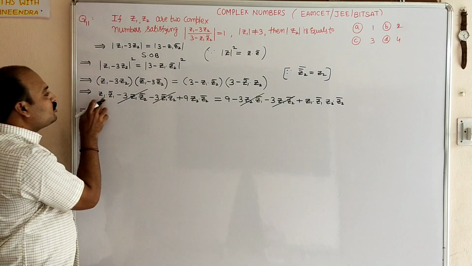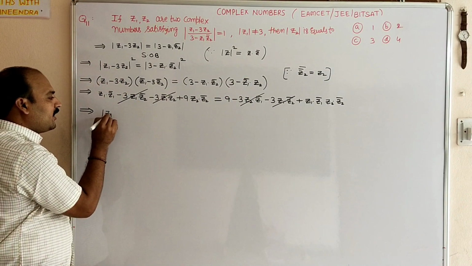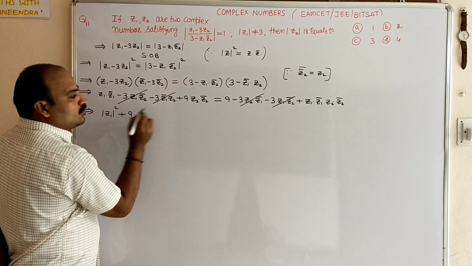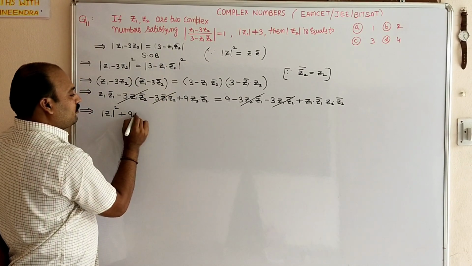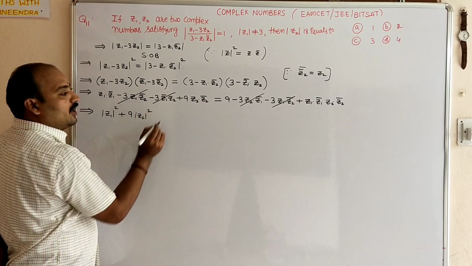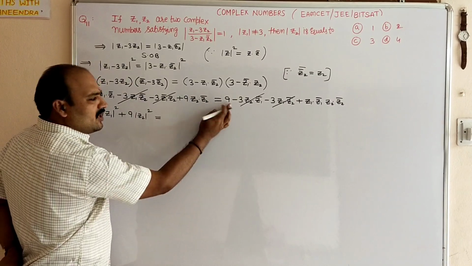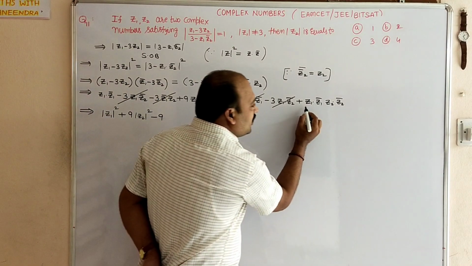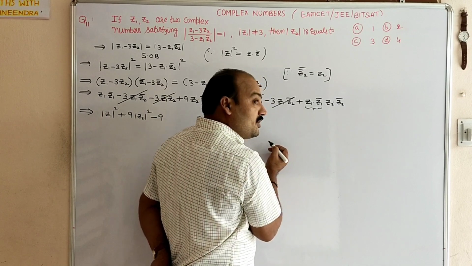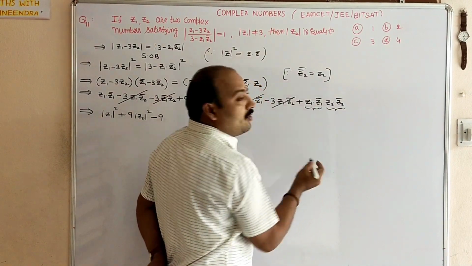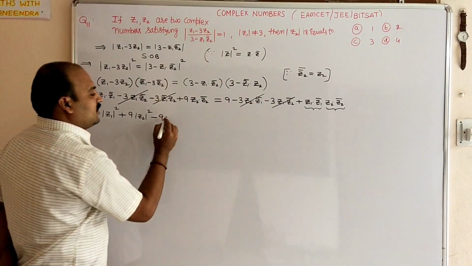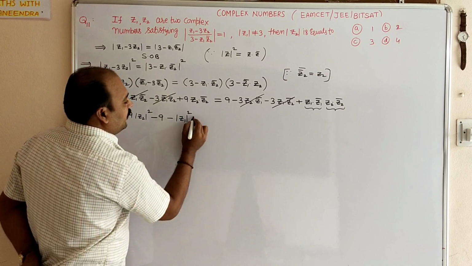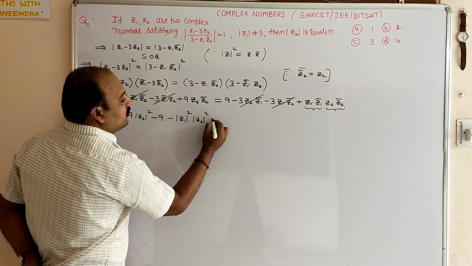So Z1 into Z1 bar is mod Z1 square, plus 9 into Z2 into Z2 bar, which is mod Z2 square. Taking 9 to this side, minus 9, and Z1 into Z1 bar is mod Z1 square, Z2 into Z2 bar is mod Z2 square. That also we take to this side with a minus sign, minus mod Z1 square into mod Z2 square, which is equal to 0.